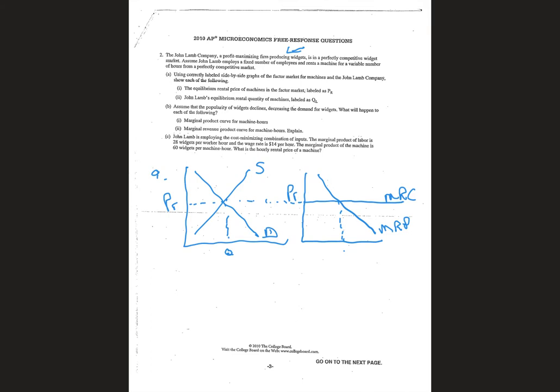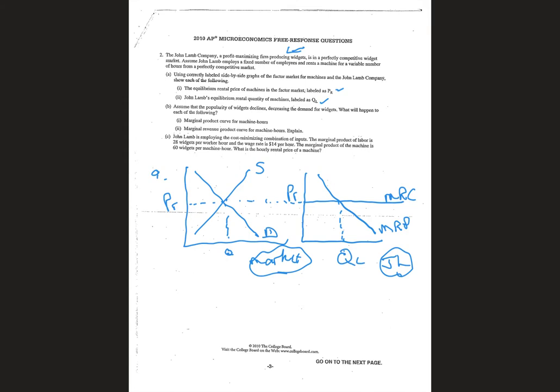This will be the quantity, and they want us to label it as QL, so I'll go ahead and do that. We'll just make it QL here, okay? So we have checked off the various things that we need, the quantity of machines for John Lamb. This is John Lamb, and this is the market, okay? So we needed the price in the market, and we needed the quantity for John Lamb.